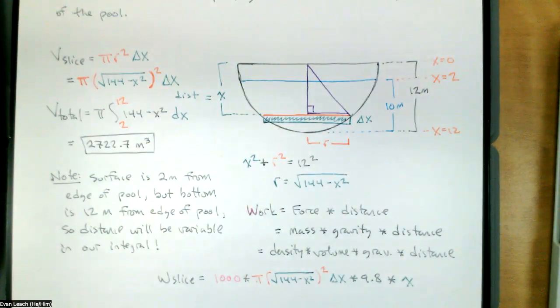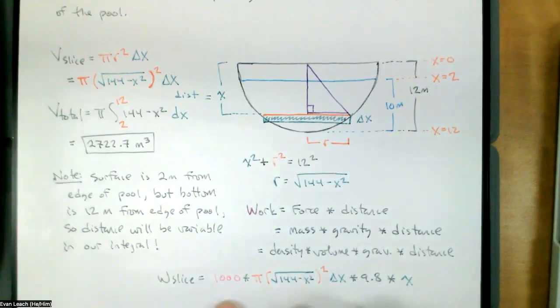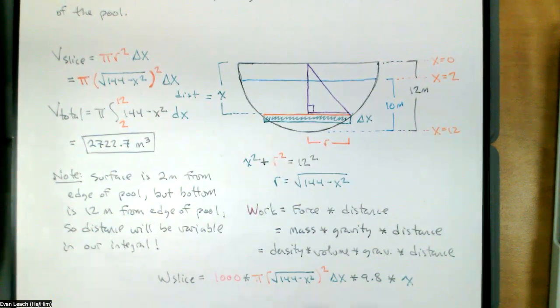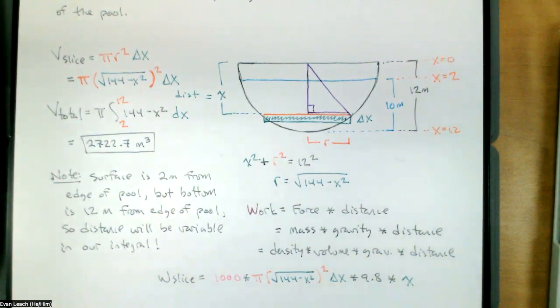Here are all the pieces that we need. These first three pieces are going to give us force. So I got kilograms per cubic meter times cubic meters times meters per second squared times meters. So this is going to give us newtons and meters. It will give us kilogram meters per second squared times meters.